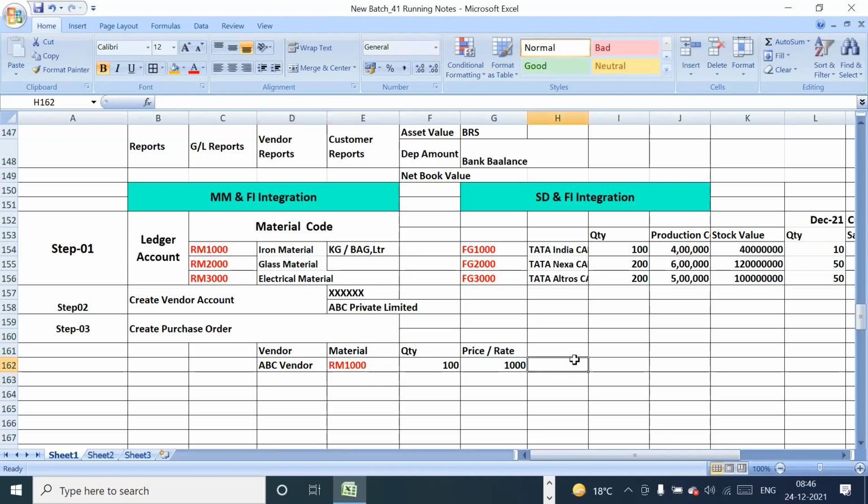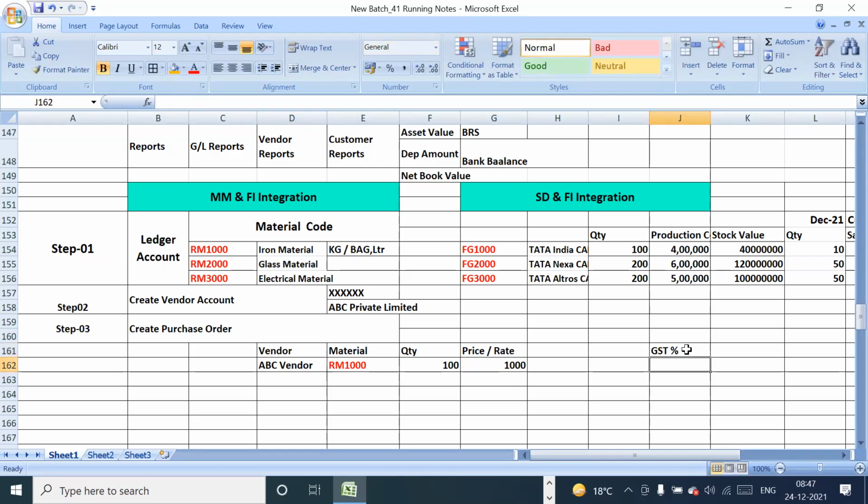Okay, and what else do we need to specify? Vendor code, material code, quantity, price. Anything else? GST percentage. Any taxes that are applicable. Okay, you have to specify the GST percentage.